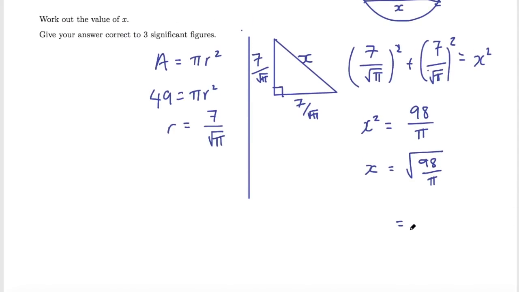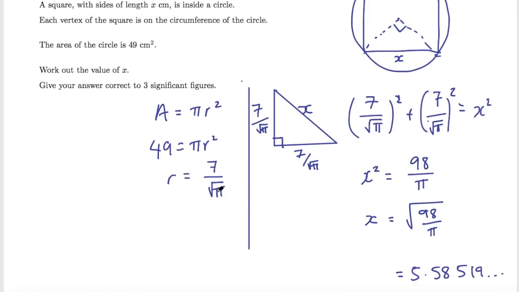So put that into a calculator and you get 5.58519, etc. And then the question says, give your answer to 3 significant figures, so that's going to be 5.59 centimeters. Now you might end up with a slightly different answer depending on how you've done your working out here.